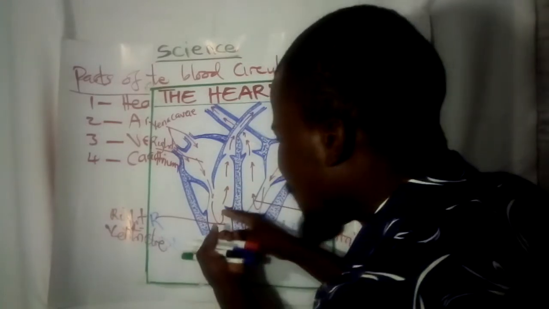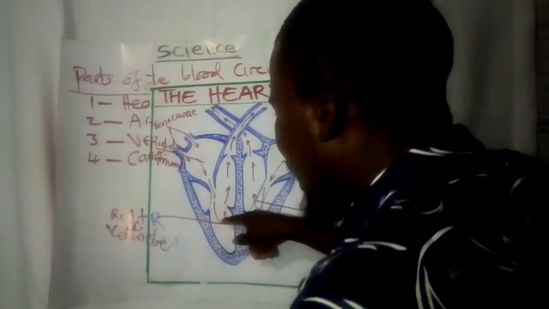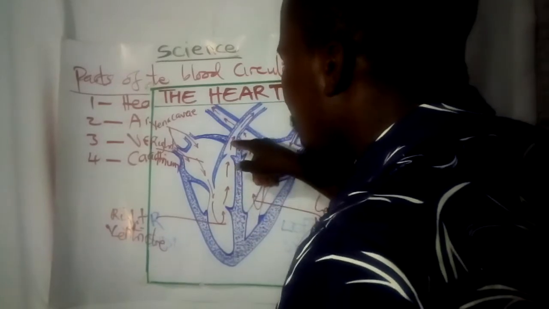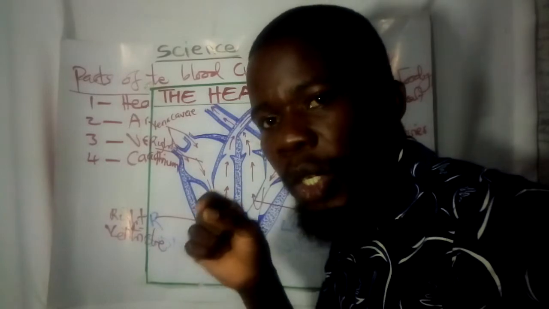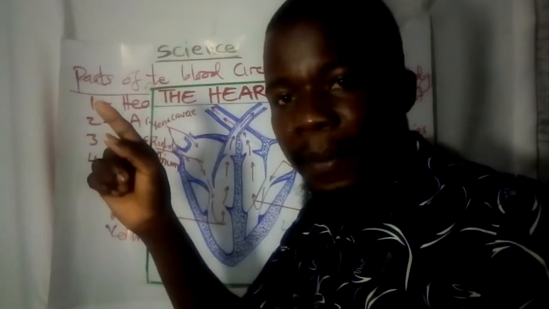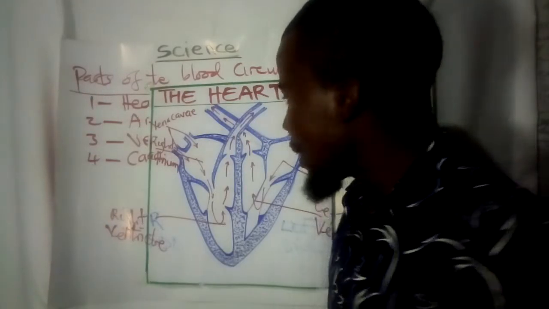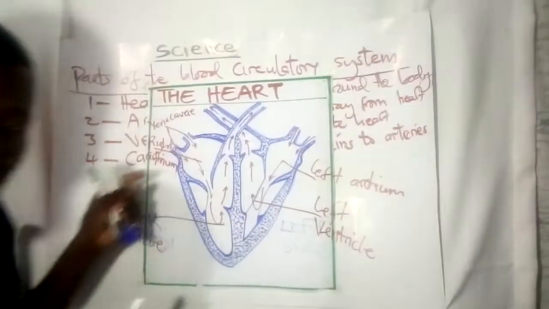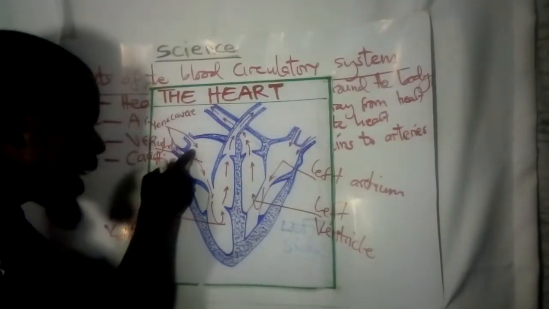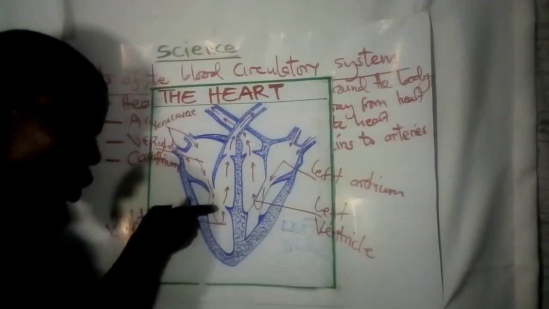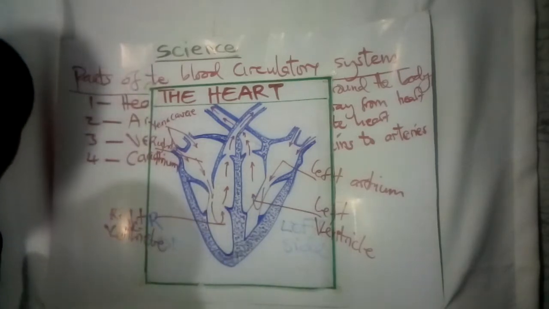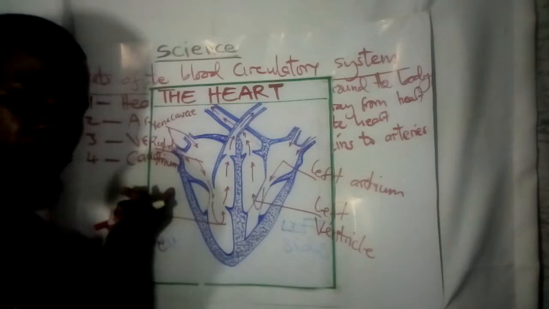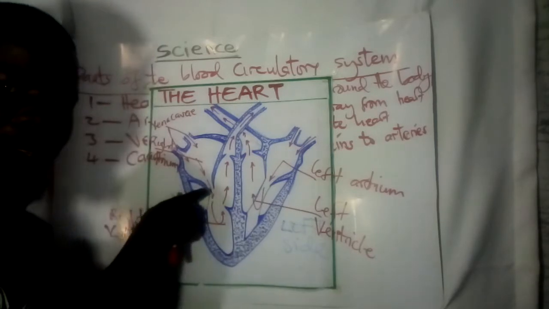From the right ventricle, the blood goes through the pulmonary artery to the lungs. Now, this blood comes from the right atrium going into the right ventricle through these flaps.